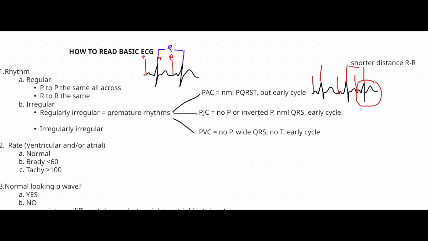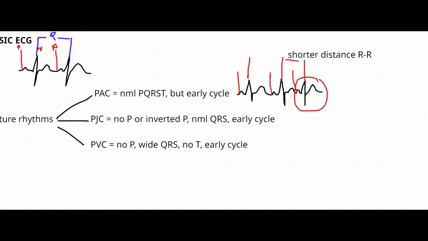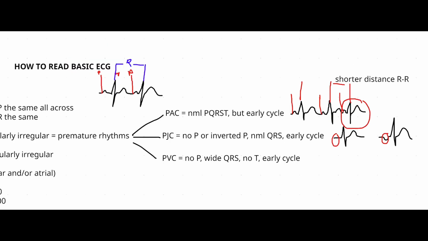So for PJC, how that looks like, and I'm just going to put 1 so it's easier to distinguish this one. It could be like this, or it could be like this. Okay, so what's abnormal? No P wave here or inverted P wave here. So it's either one, P or R. They're shorter.